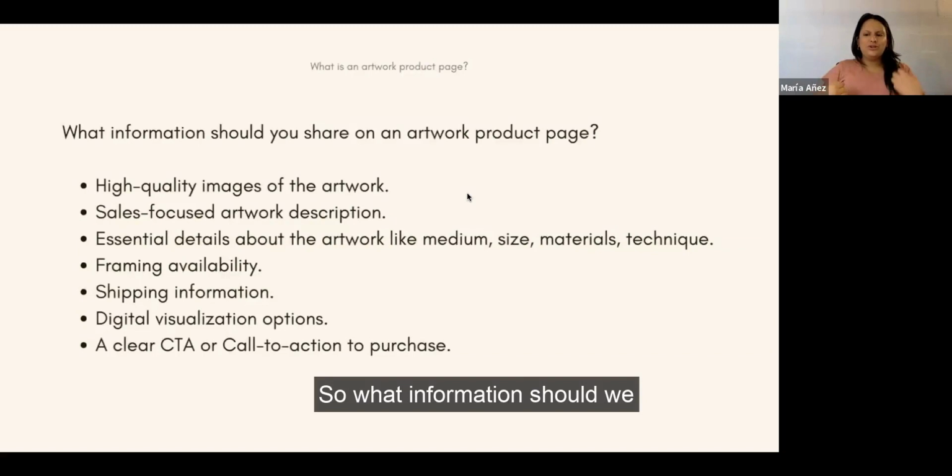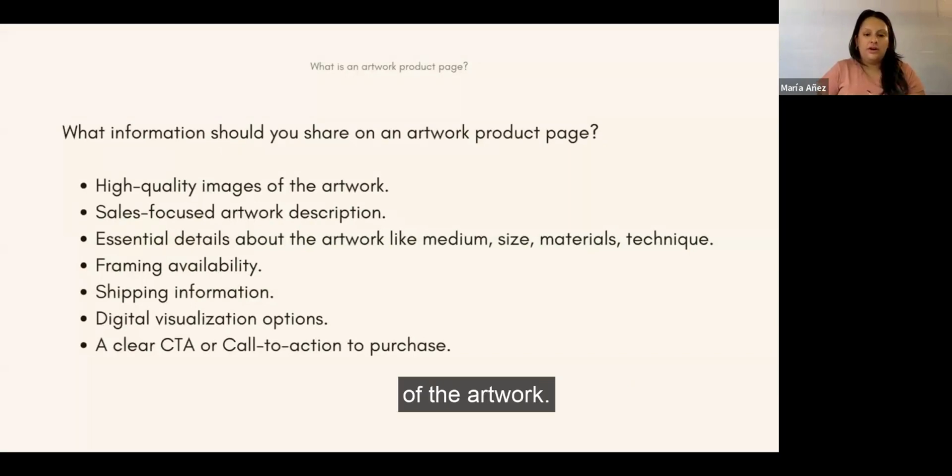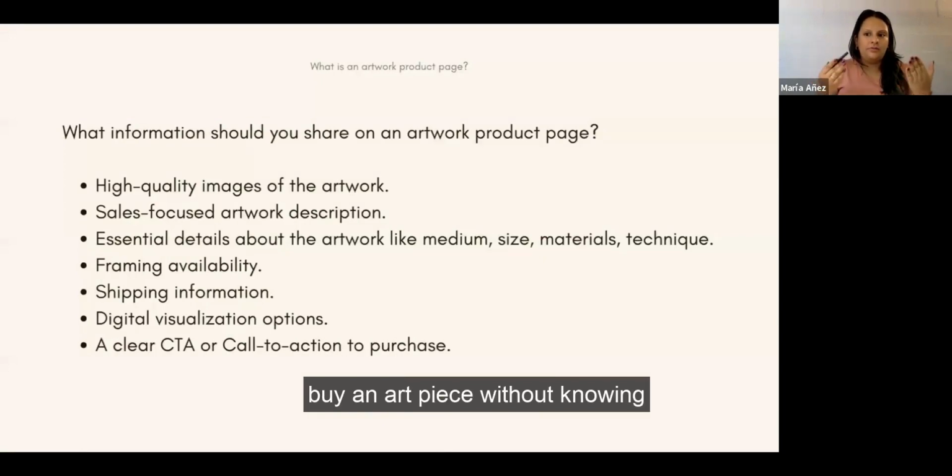So what information should we have on our artwork product page? This is a quick list. The first thing that you need to have is a high quality image of the artwork, because how will someone ever buy an art piece without knowing how it will look? So we need good quality pictures of your artwork. And you need also a sales-focused artwork description. And we're going to cover this in detail in a few minutes.